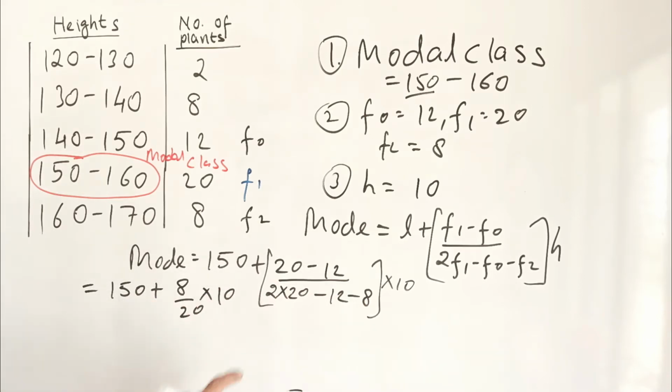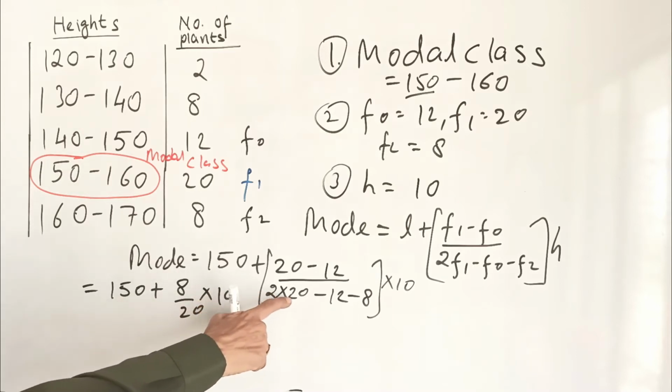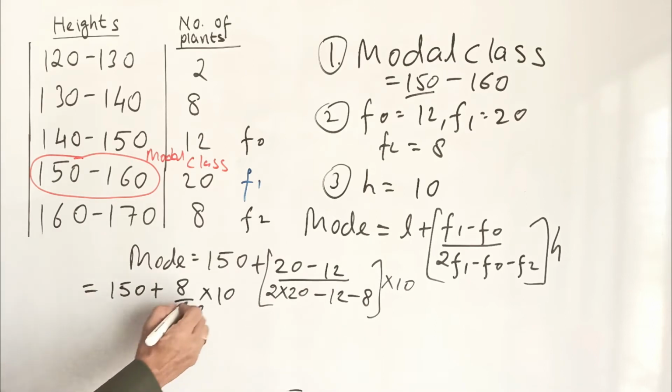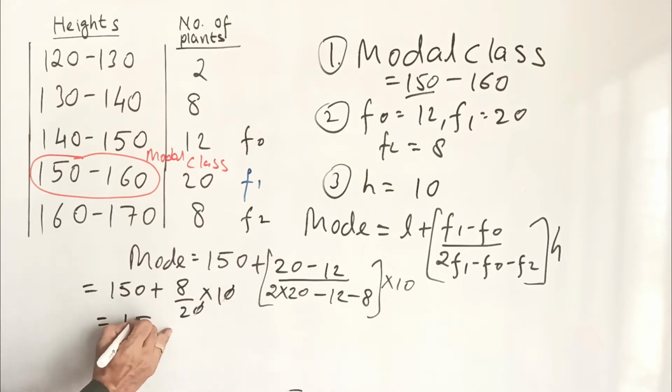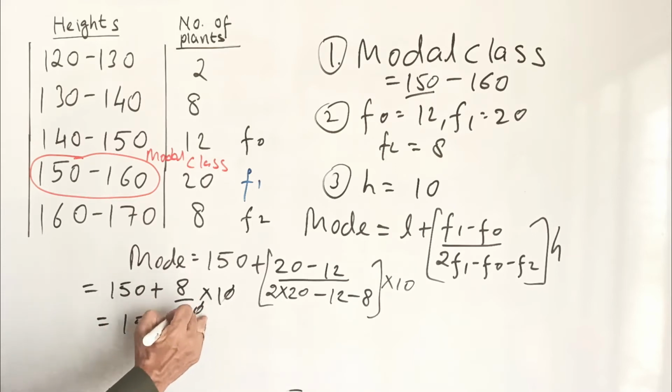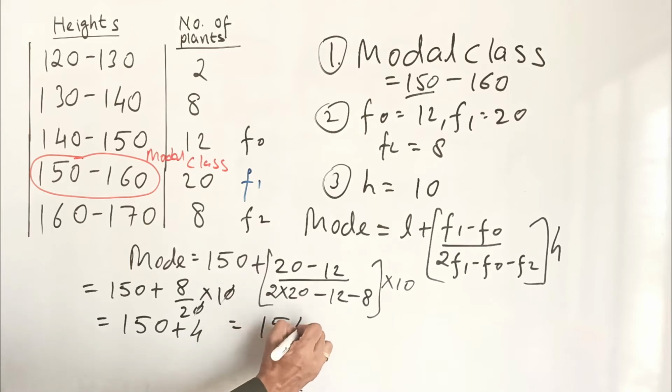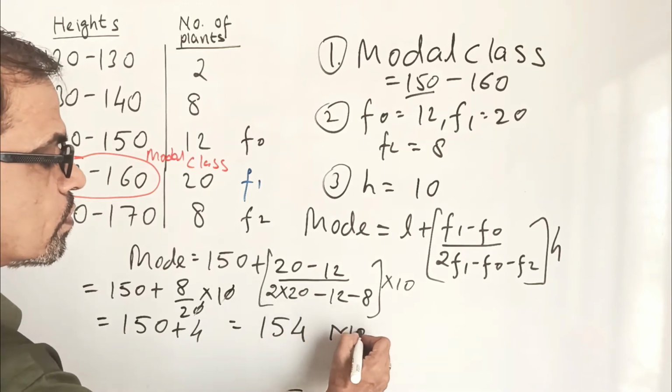See, very easy. I have written directly 20 minus 12 is 8, and 40 minus 20 is 20. So this is cancelled. So finally the mode will be 150 plus 4, which is 154. So our answer, the mode, is 154.